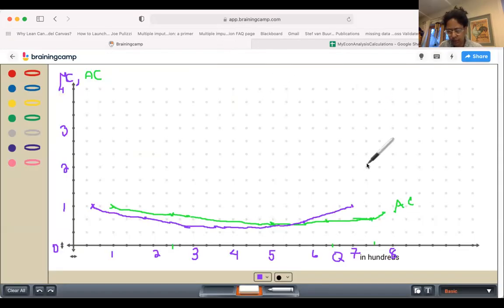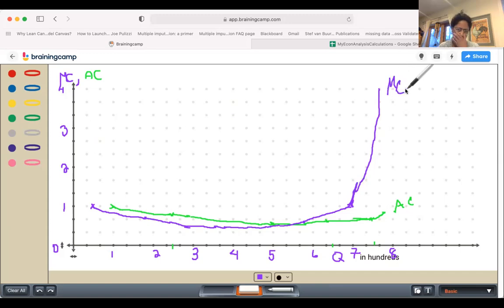So 762. So a little bit before that, 766 and $4 is quite a dramatic drop. Try to get it a little more smooth looking. All right. And that's my marginal cost.